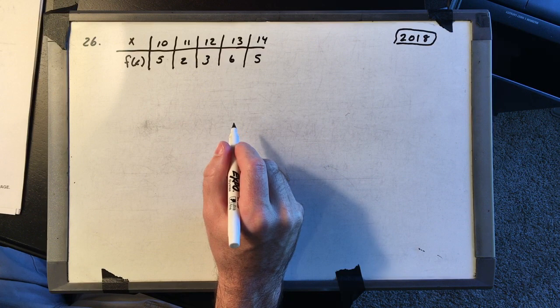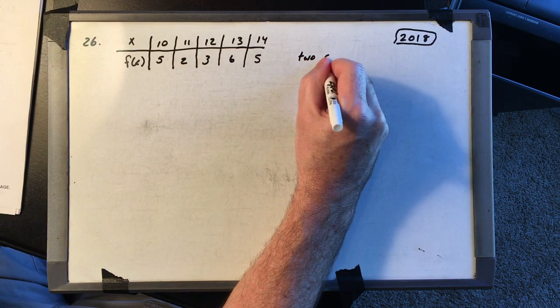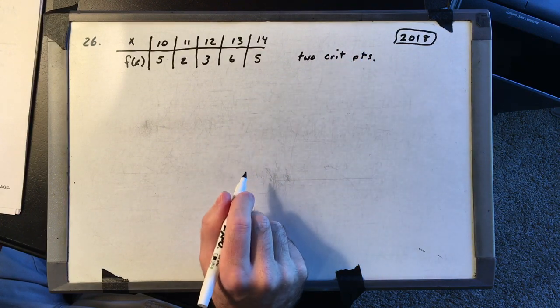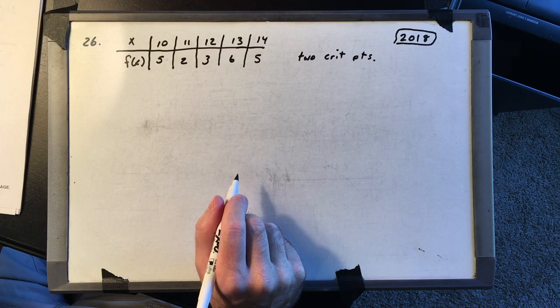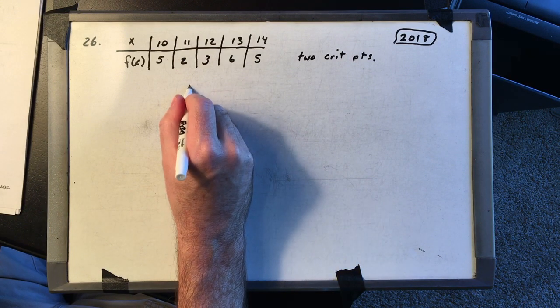It says between 10 and 14, we've got 2 critical points. Which of the following must be true? Let's just plot this.